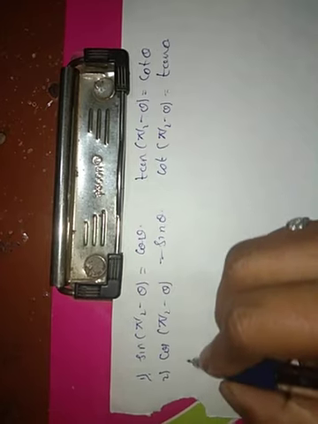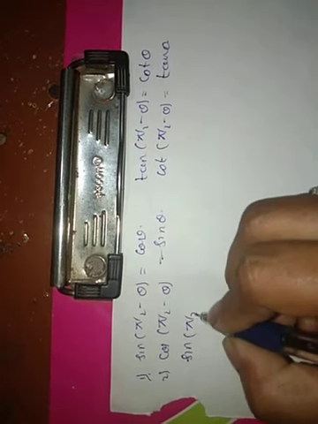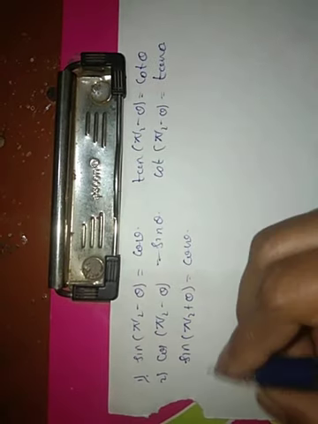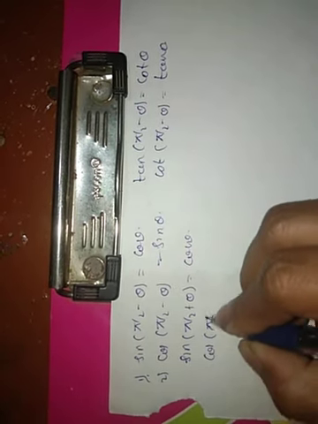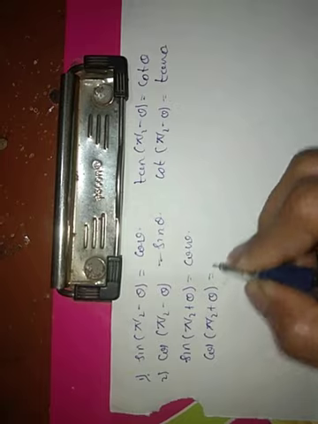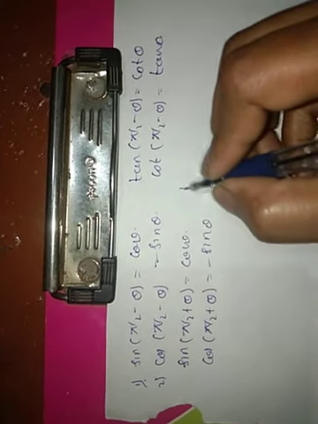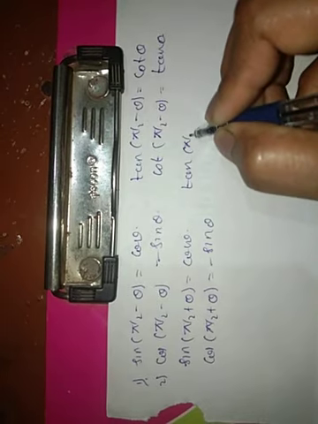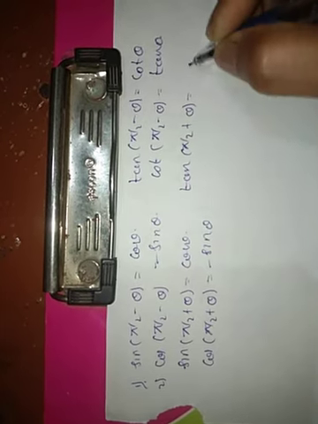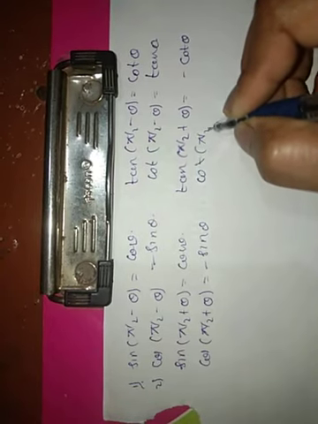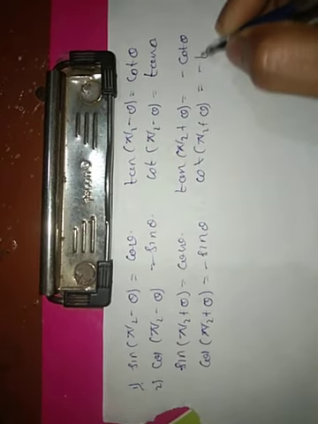And similarly, sine of 90 plus theta equal to cos theta, cos of 90 plus theta equal to minus sin theta, tan of 90 plus theta equal to minus cot theta, cot of 90 plus theta equal to minus tan theta.